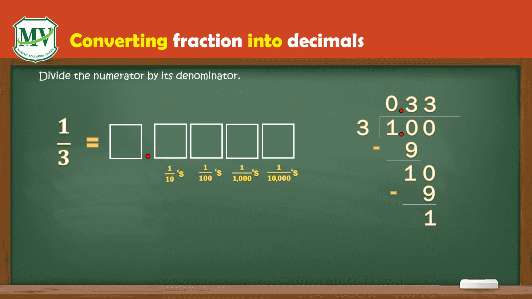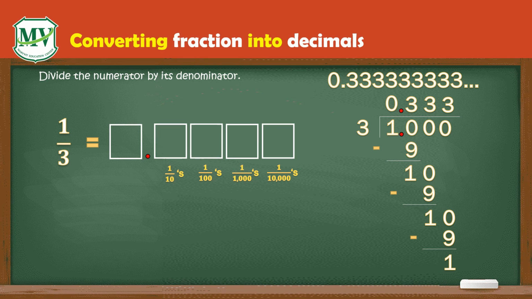And again, we have a remainder, so add another 0. Bring down 0, and we will have 10. 10 divided by 3 is 3. 3 times 3 is 9. 10 minus 9 is 1. Wait, it seems we are repeating and repeating our process, and we might come up with a long answer like 0.333333. To shorten that, just write 0.3333 up to the 10,000th place.